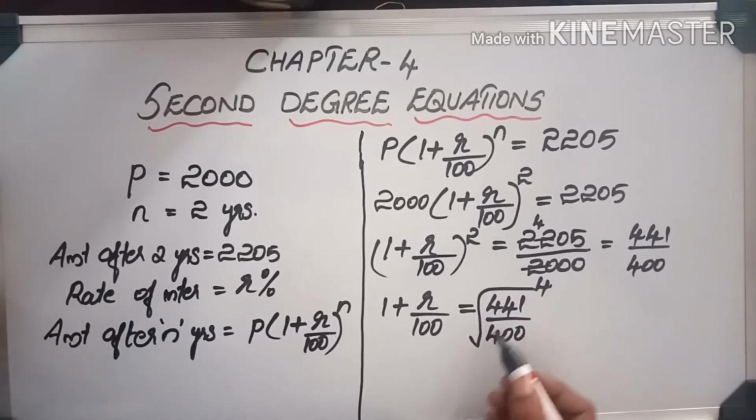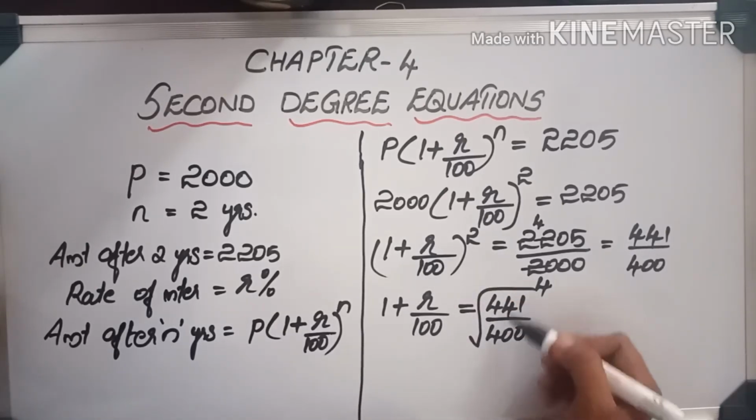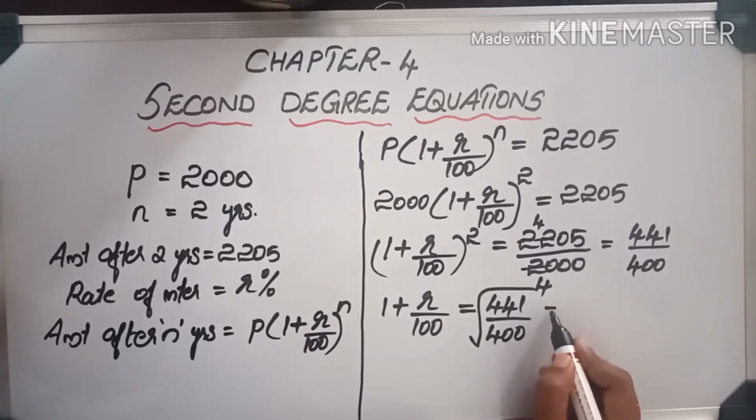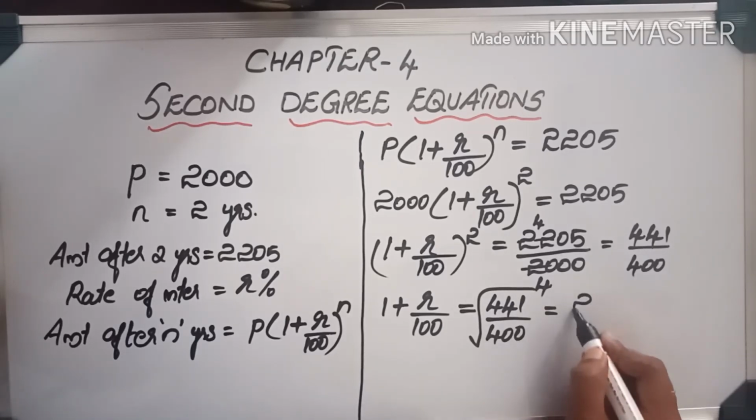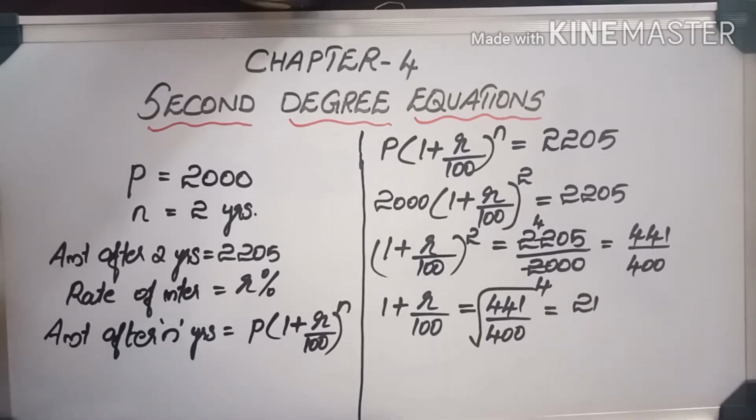The square root is common to both numbers. The root of 441 is 21, and the root of 400 is 20. 20 square is 400, 21 square is 441. So we got 1 plus R by 100 equal to 21 by 20.